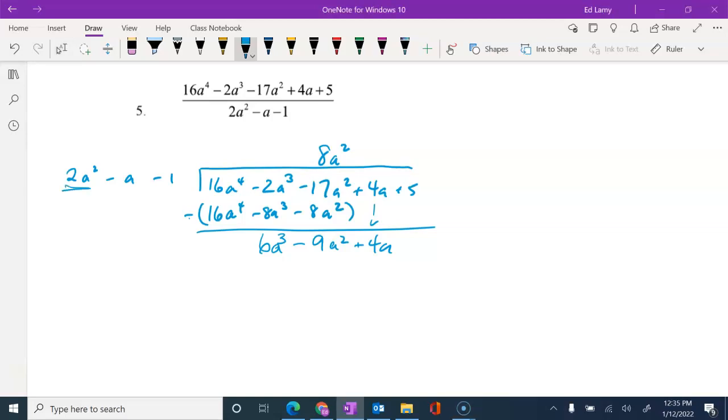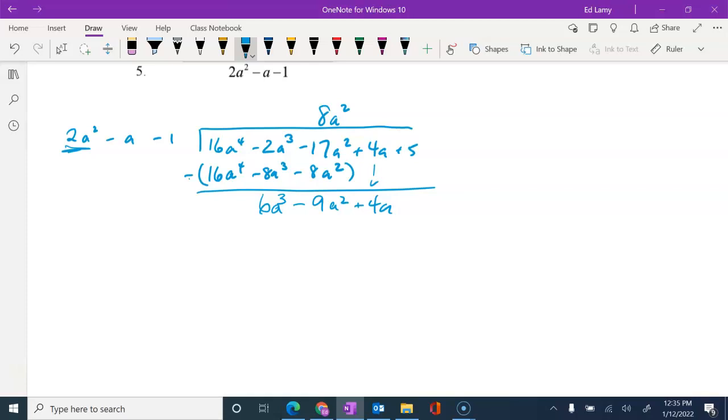Again, what do you multiply 2a squared by to get 6a to the third? And you would say 3a. Then multiply. 3a times 2a squared would be 6a to the third. 3a times negative a would be negative 3a squared. 3a times negative 1 would be negative 3a.